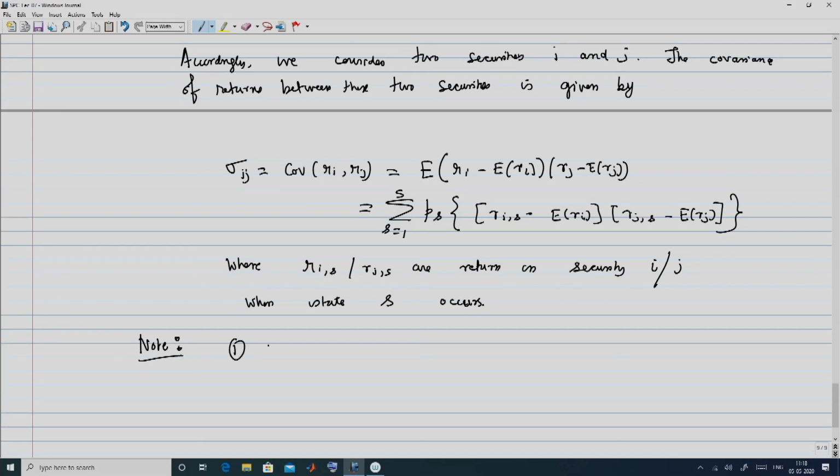First of all, when I is equal to j, then obviously sigma I I is going to be E of R I minus E R I square, and this is sigma I square. And secondly, using the symmetric property of covariance, sigma I j is going to be equal to sigma j I. That means the covariance of return of the ith and the jth asset is the same as the covariance of return of the jth and the ith asset.